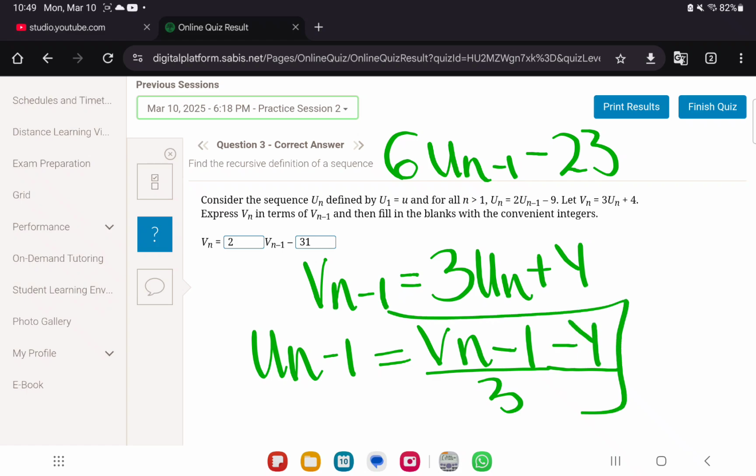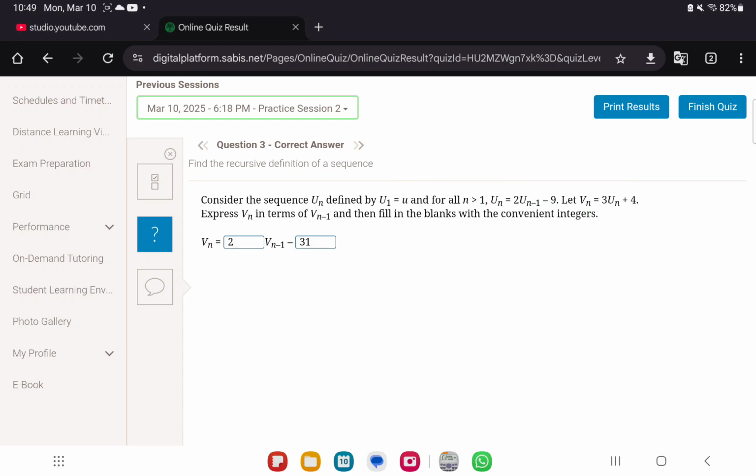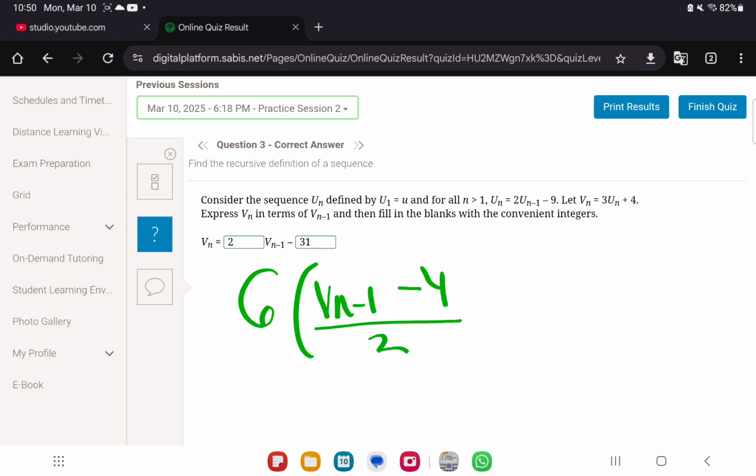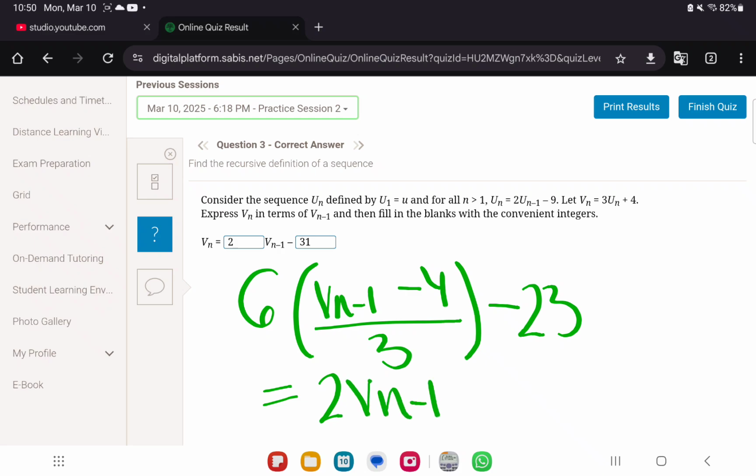Now substitute this into the Un here. So it's 6 times (Vn minus 4 over 3) minus 23. You get 2 Vn.